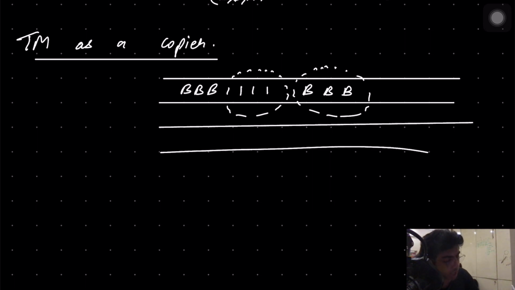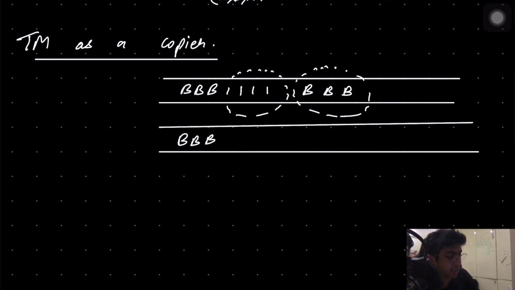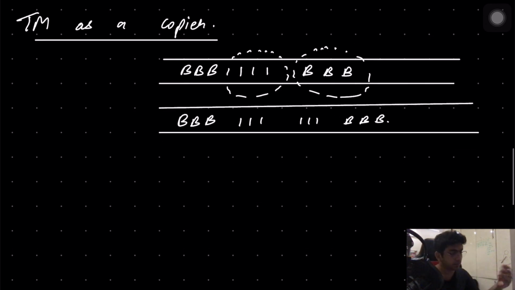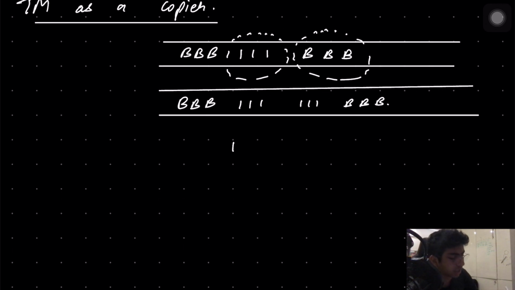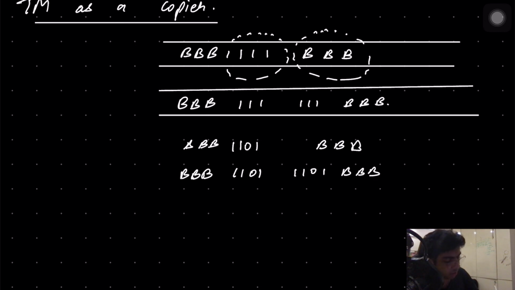So the output that we want on our piece of tape will look something like blank blank blank 1 1 1 1 1 1 blank blank blank. And again, if this is something else like 1 0 0 1, so blank blank blank blank blank blank, this will become something like blank blank blank 1 1 0 0 1 1 0 1 blank blank blank.